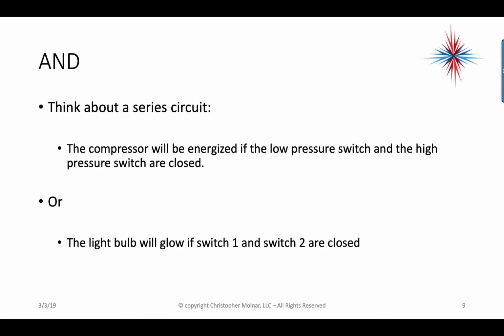Think about it with a series circuit. A compressor will be energized if the low pressure switch and the high pressure switch are closed. Or a light bulb will glow if switch 1 and switch 2 are closed. There's a key word in here. It's AND. It takes both of these conditions for the result to happen.